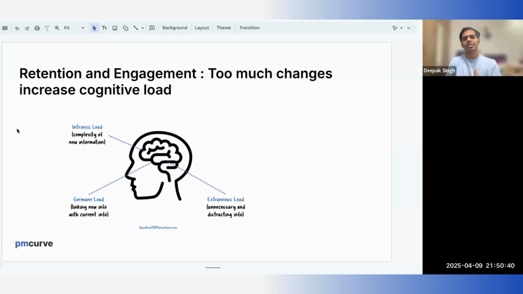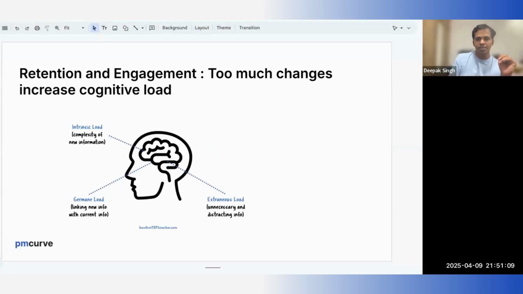And the third is extraneous load, which is the extra information that you push, right? As a PM, you have to cut down a lot on this. Which is why we are also hearing the phrase that taste will become very, very important. And taste is nothing but making sure that the product is as smooth as possible by reducing the intrinsic load, germane load, and extraneous load, right? Unnecessary data.